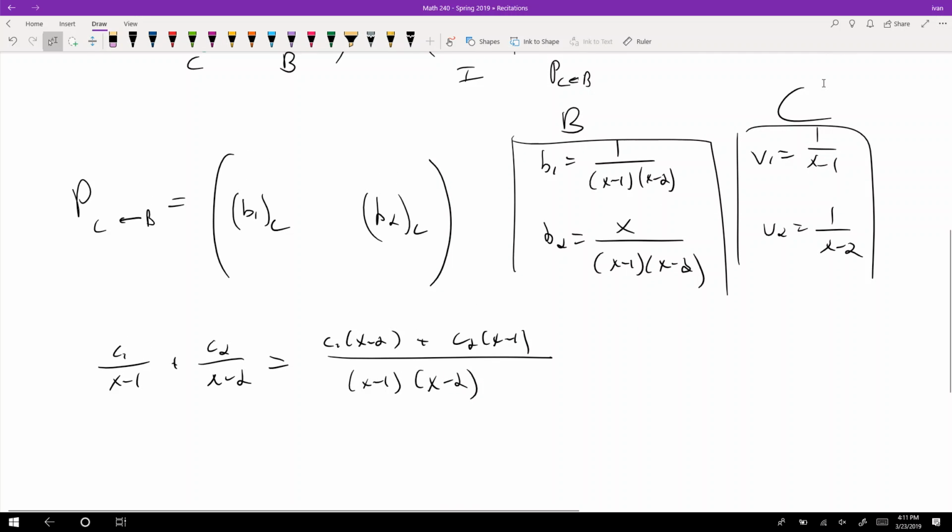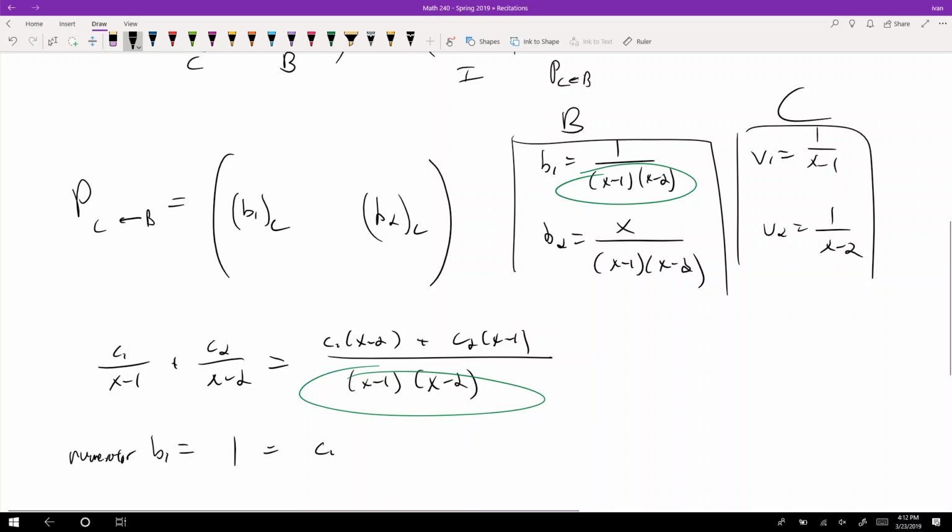So we want to write B1 in terms of c1 and c2. The denominator is going to stay the same, right? Notice how all these denominators are the same, so we just need to match the numerators. The numerator of B1 is equal to 1, and that's going to be equal to c1 (x minus 2) plus c2 (x minus 1).